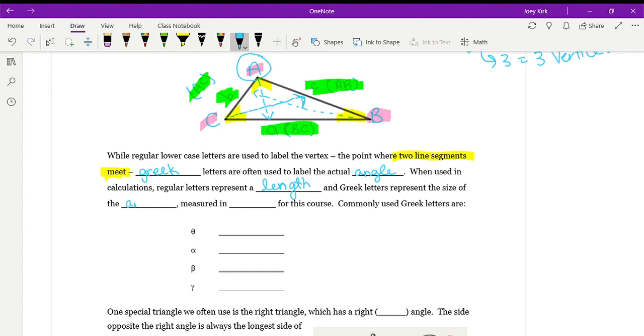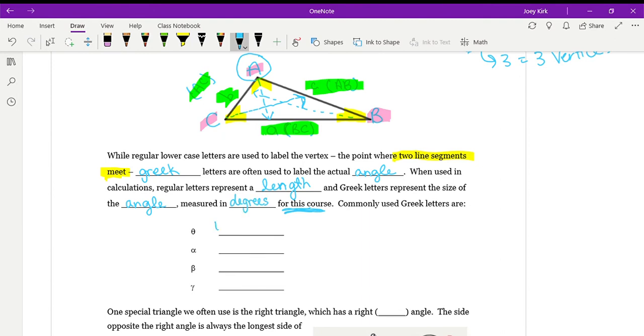And right now we are looking at the size of the angle measured in degrees for this course. This is important because there are other angle measurements you can use, but we're only using degrees.